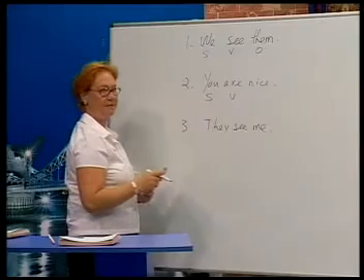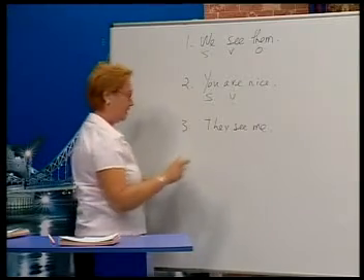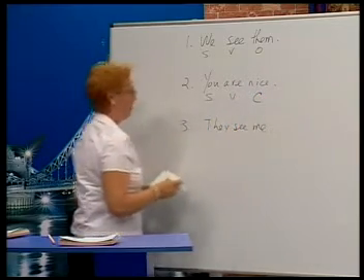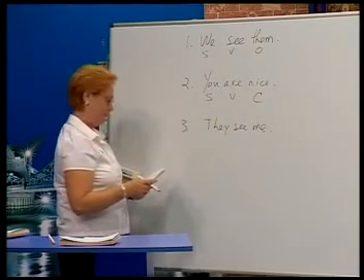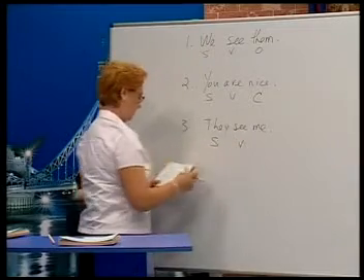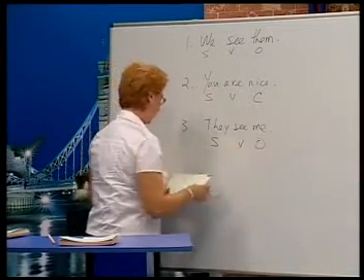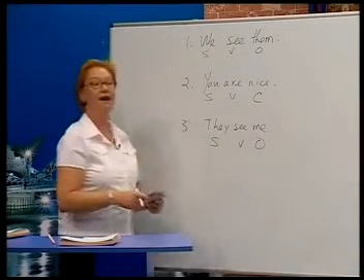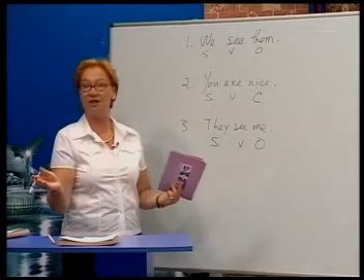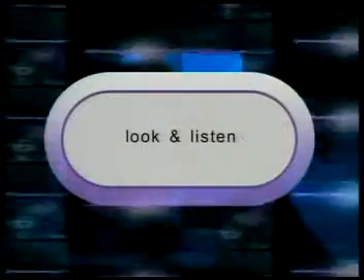Nice is the object. No, the complement. Yes, good. All right, Isabel. They is the subject. See is the verb. And me is the object. Yes, very good. Okay, now, do you understand sentence structure? Yes, we do. Okay, very good.